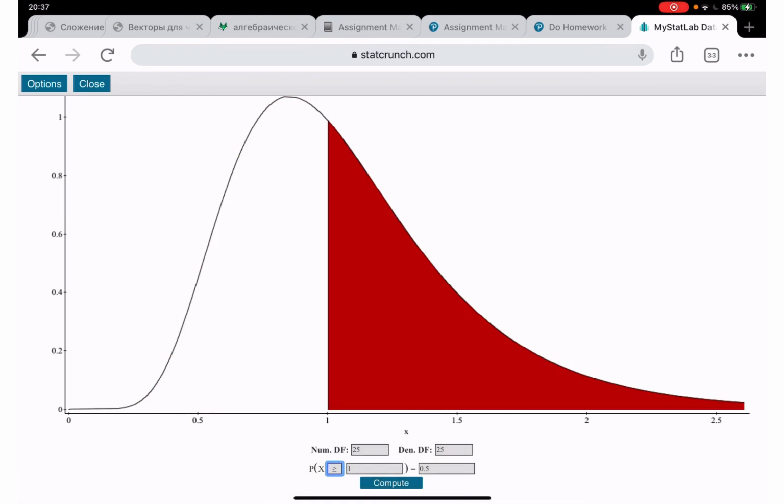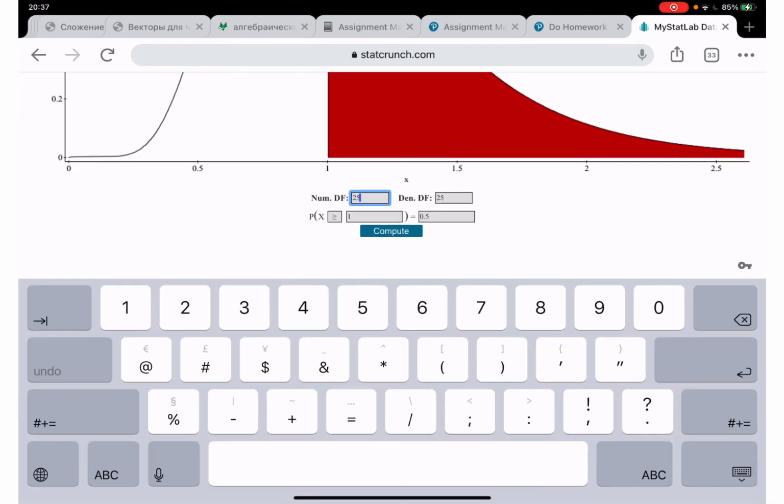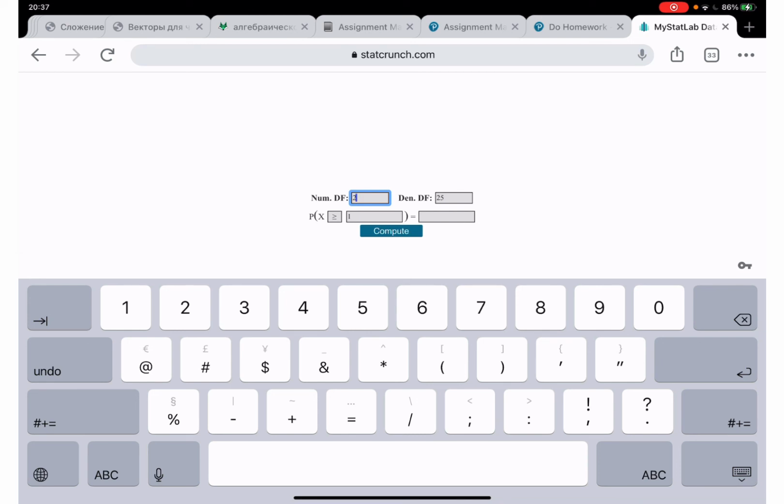Now I have to place my sample sizes here. One was 7, so the degree of freedom is going to be 4. First I'm putting the smaller one, second the greater one, which is 6. And it's going to be 0.025, right?